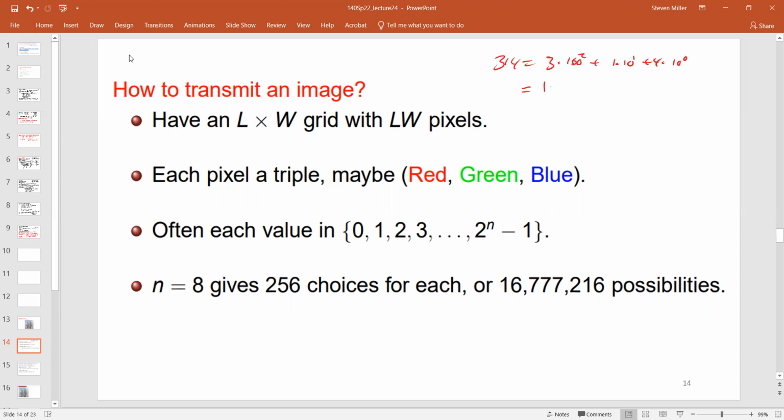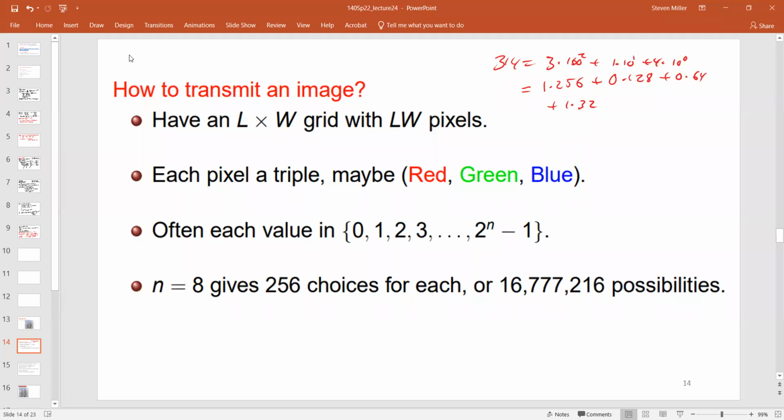So it would be 1 times 256. To get from 256 to 314, I have to add 58. So it would be plus 0 times 128, plus 0 times 64, plus 1 times 32.